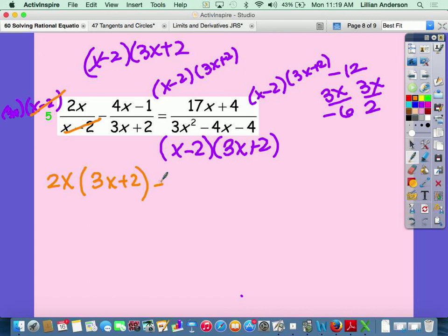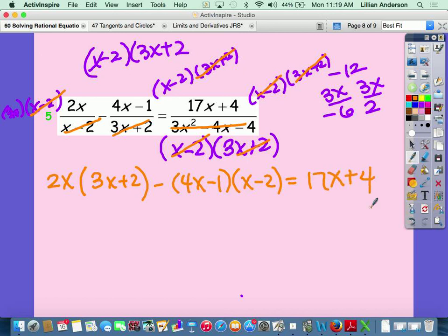What about the second fraction? The 3x plus 2 cancels, so I have 4x minus 1 times x minus 2. And you see I put those in parentheses, because I'm going to have to subtract that, so I have to be very careful. On this side, the whole denominator goes away, so I'm just left with 17x plus 4.